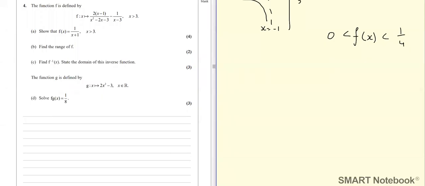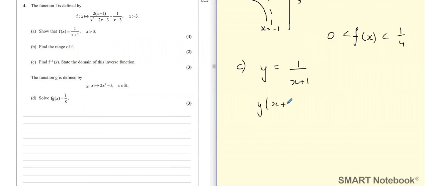So to work out the inverse function, we said we're going to start off by doing y equals f of x, so 1 over x plus 1. And then we are going to make x the subject.